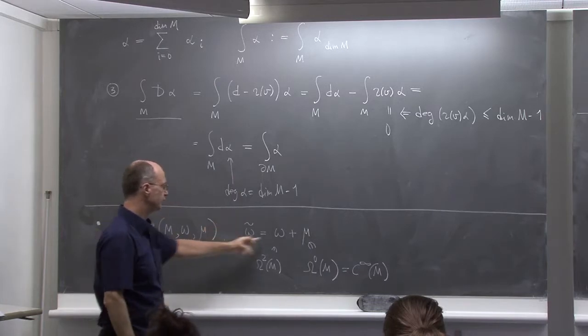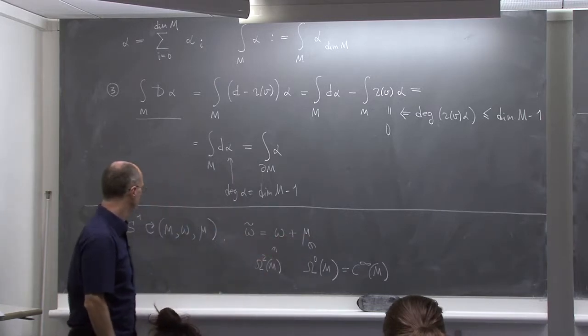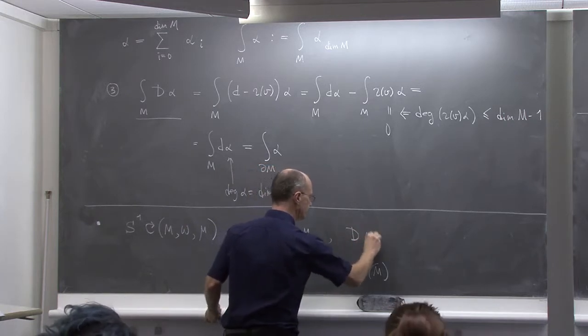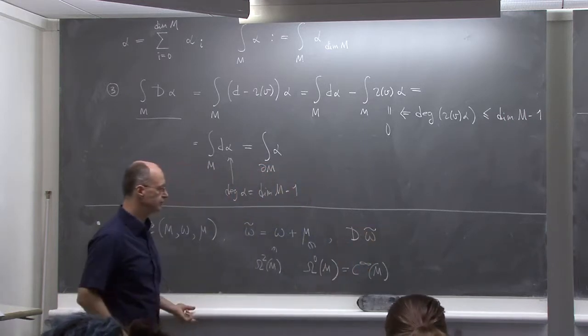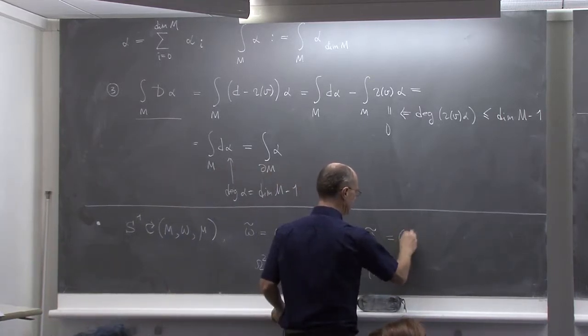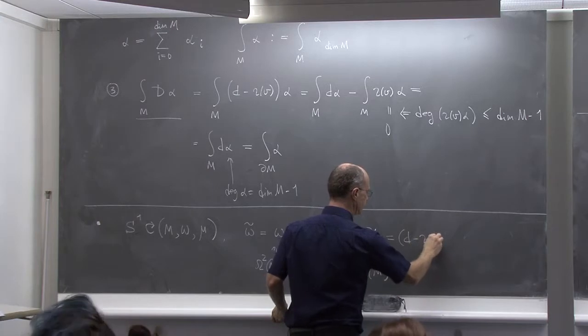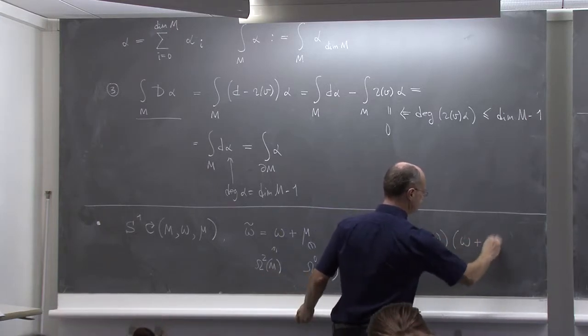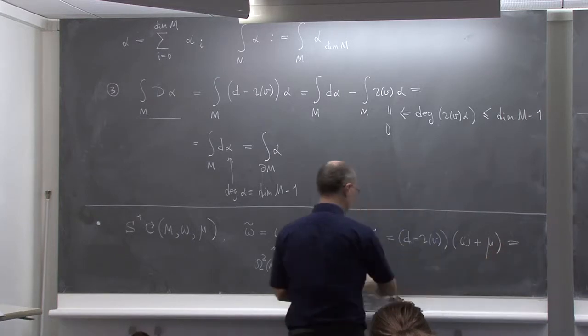So this is a form of a mixed degree, and I can compute the differential d omega tilde. Well, this will be d minus iota v applied to omega plus mu.